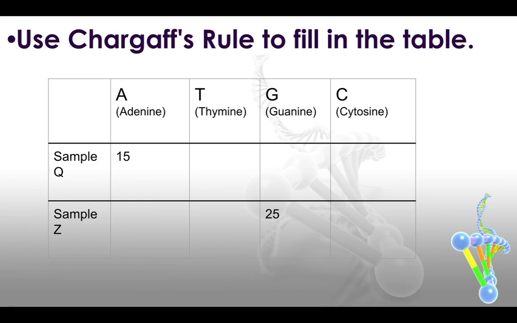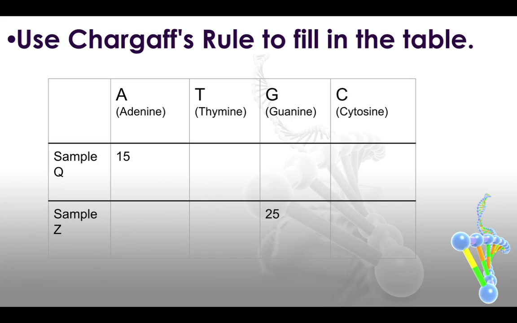So if I take 100% minus my 30%, that leaves me with 70% that has to be represented by guanine and cytosine. Since guanine and cytosine have to have equal amounts, we divide 70 in half, and it becomes 35% of both in sample Q.